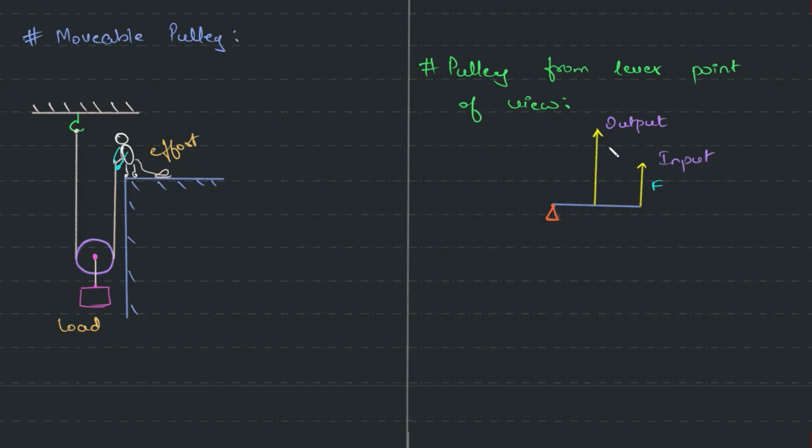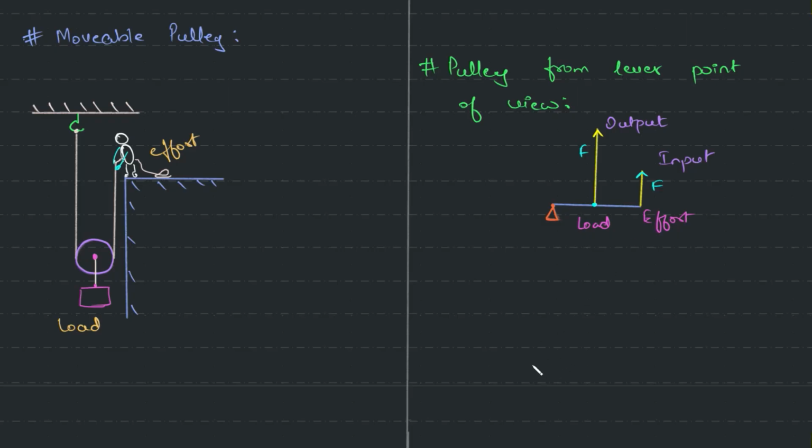So this arrow, why is it almost double? This is almost double of this. Let me make it actually double. Why is that? We'll see. Basically this is where your load is, and this is where your effort is.